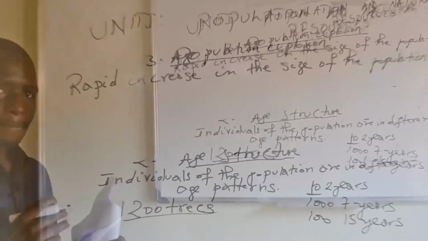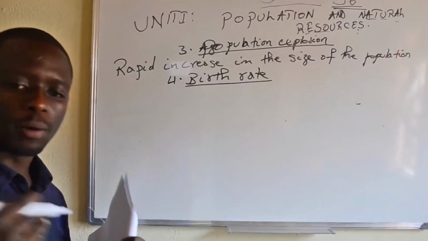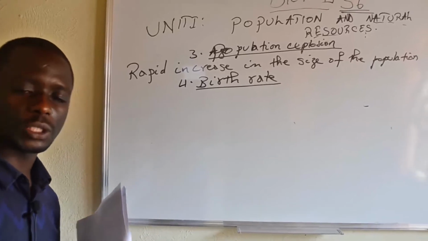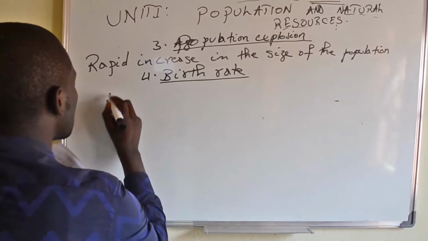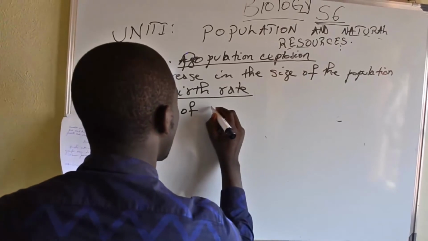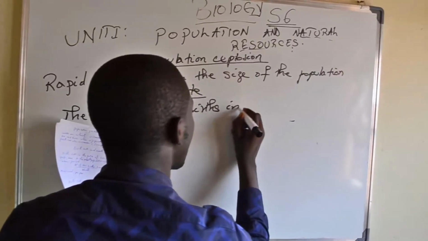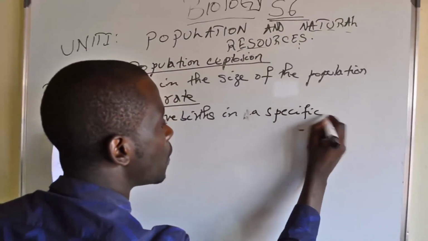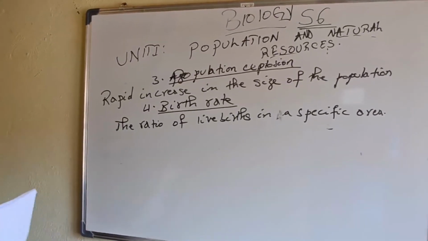And we can't forget a birth rate. A birth rate is a rate, a proportion to which new individuals are being born in the society or in the population, okay? But it's the ratio of live births or new births in a specific area. So guys, how do we calculate this birth rate?